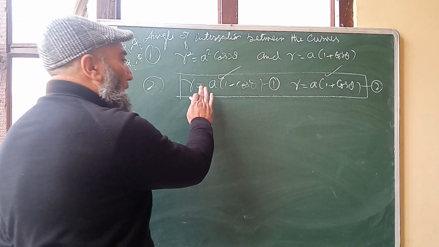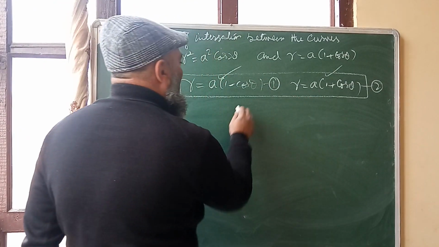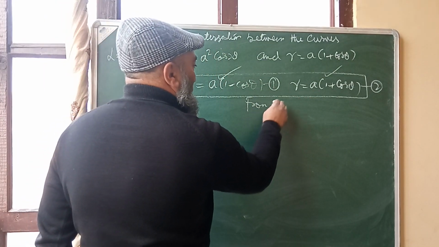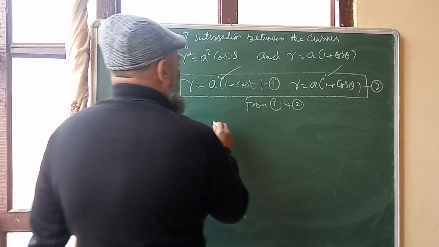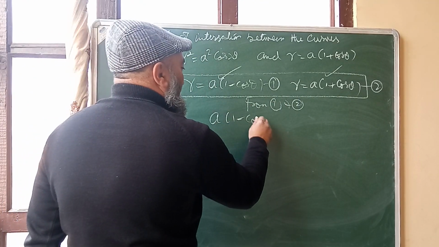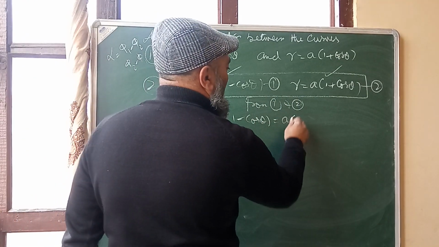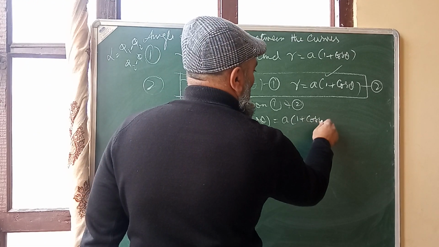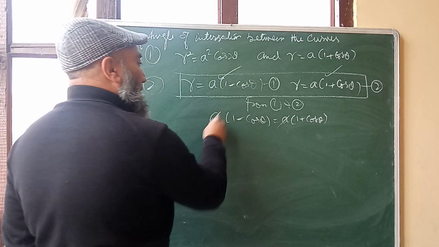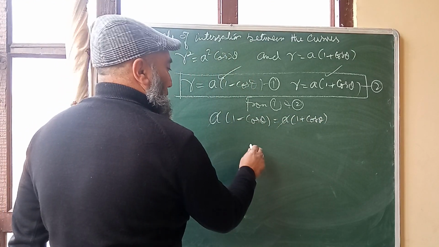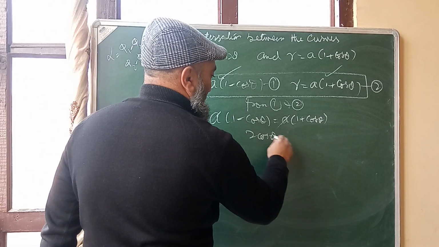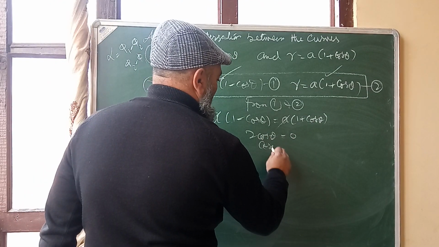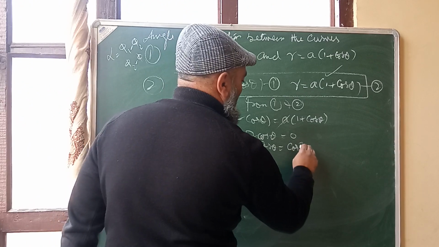How? This is r, this is also r. So from 1 and 2, a times 1 minus cos theta is equal to a times 1 plus cos theta, right? A cancels out, 1 and 1 cancel out, so 2 cos theta equals 0, which means cos theta is cos pi by 2.